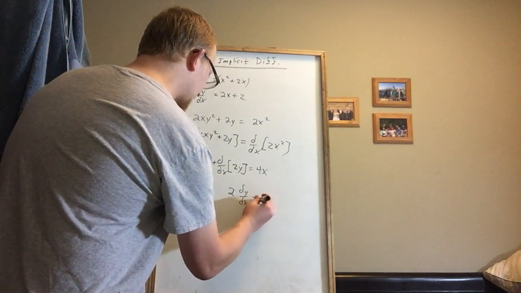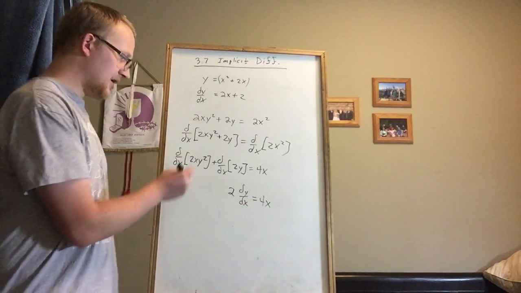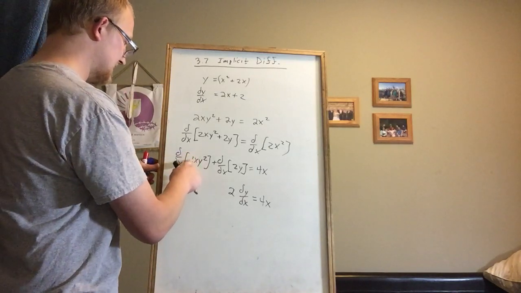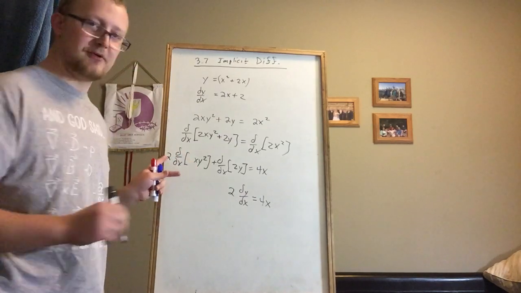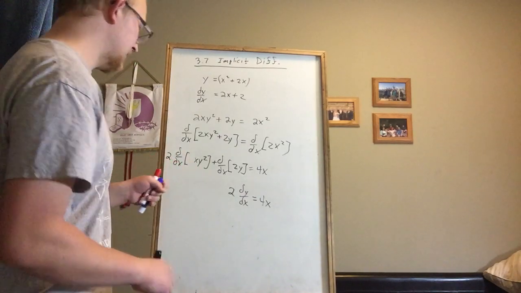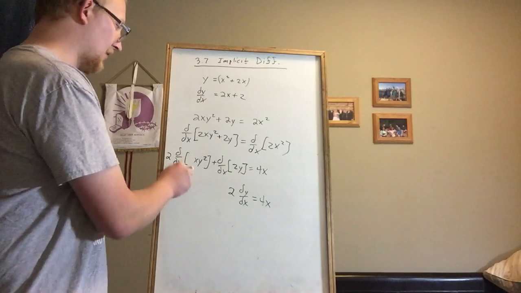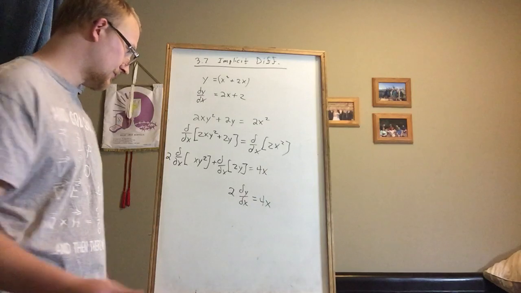So now we're going to look at this right here. We've got 2xy squared. Well, using the constants rule of linearity, I can pull the 2 out front of the derivative, and I look here and I have a product of two terms. The product is in between x and y squared, so I can do the product rule.